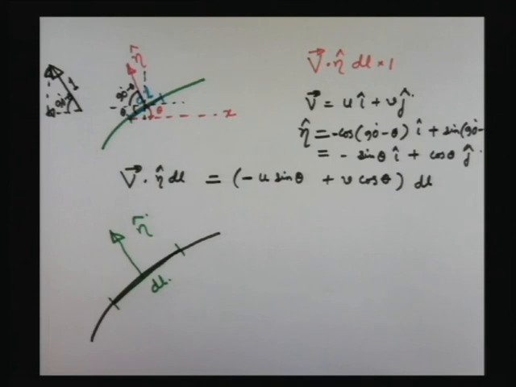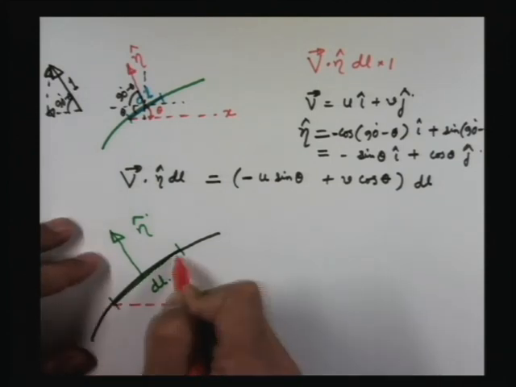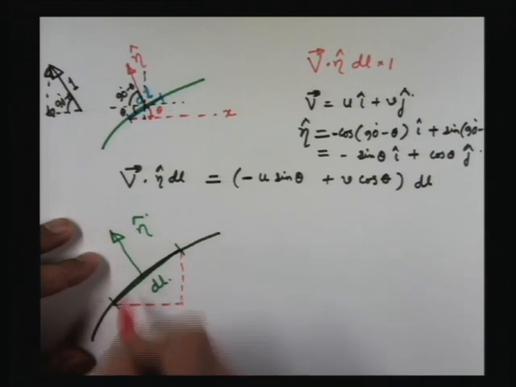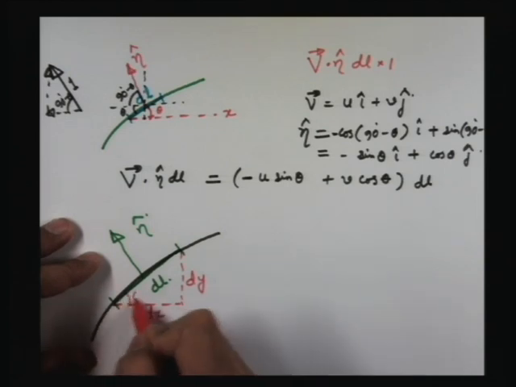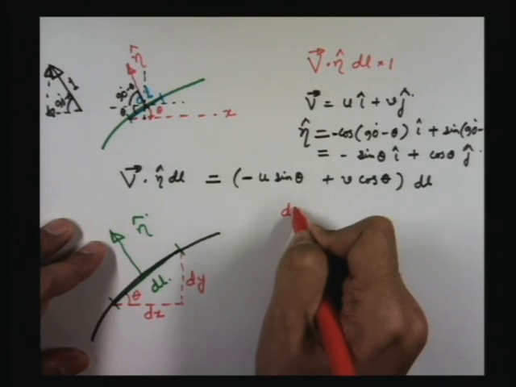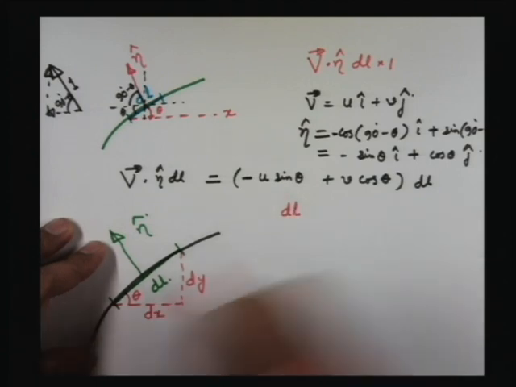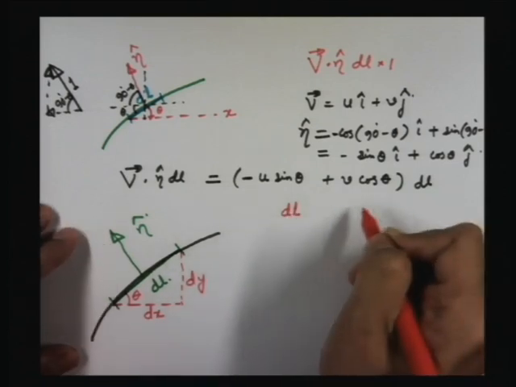Now let us write dl. If you consider the dl having components as dx and dy, and this angle as theta, we can write dl in terms of dx and dy as follows.